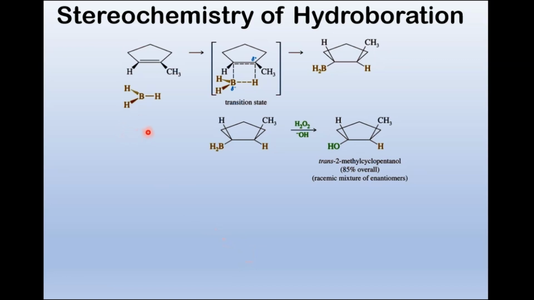So here's my example on the whiteboard. This thing is stabilized by the THF, but here's the business end of the molecule. Comes up here, wants to make this have the positive charge instead of this one, because this one's more highly substituted. And then it adds across that double bond, and then we oxidize the boron away, and we see that it's a syn addition and it's anti-Markovnikov.